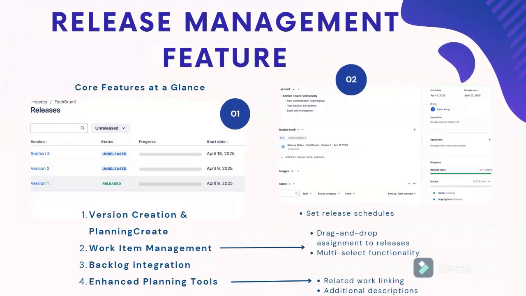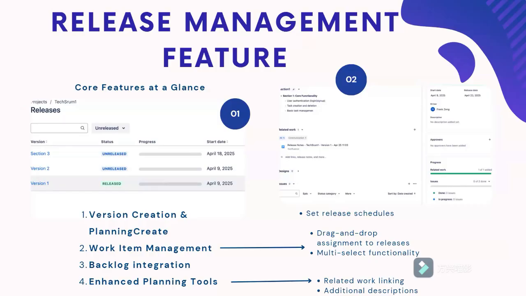Today I will be presenting our release management feature in the TechScrum project, which we developed with reference to Jira's similar functionality. As shown, our release management feature consists of four core components: version creation and planning, work items management, backlog integration, and enhanced planning tools.